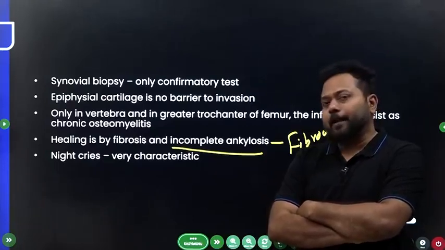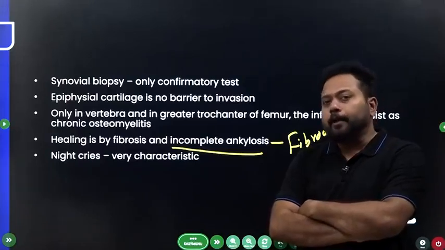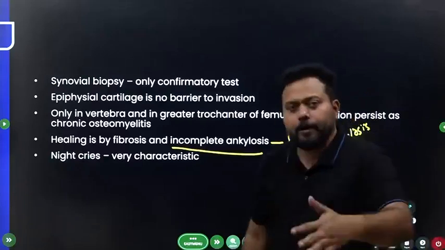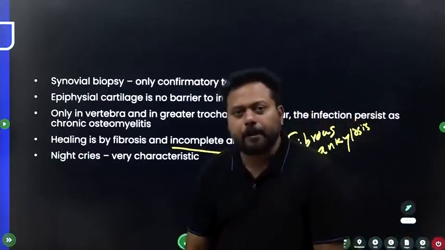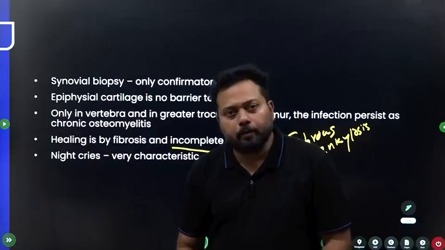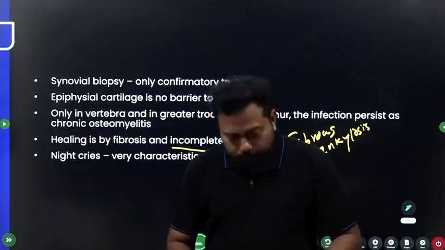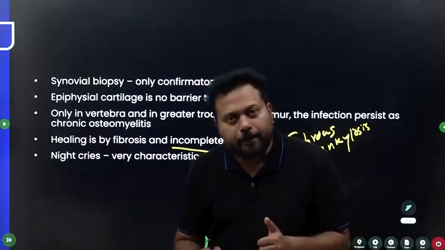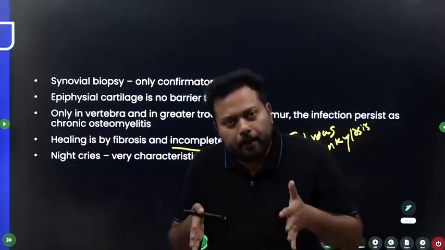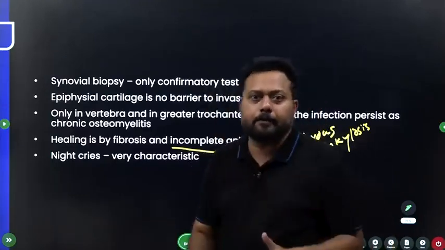So what is the mechanism, the cause for night cries? During the daytime, we are very active, walking here and there, and all the skeletal muscles are contracted. In tuberculosis of the joint, the focus is in the synovium. The skeletal muscles, when contracted, are around the synovium and compress it like a cast.